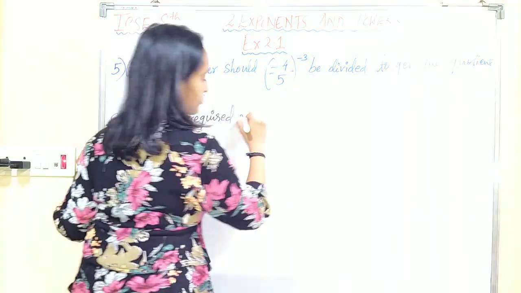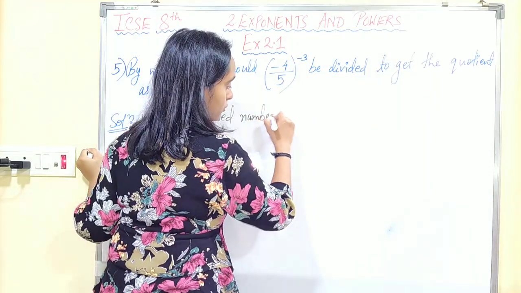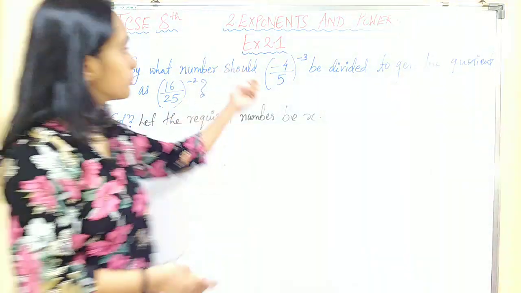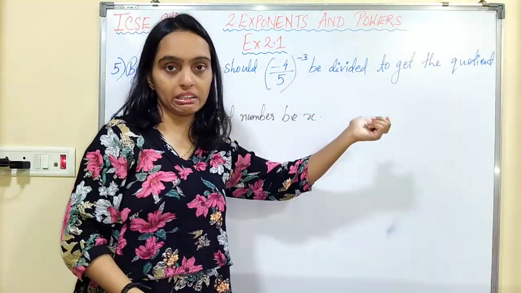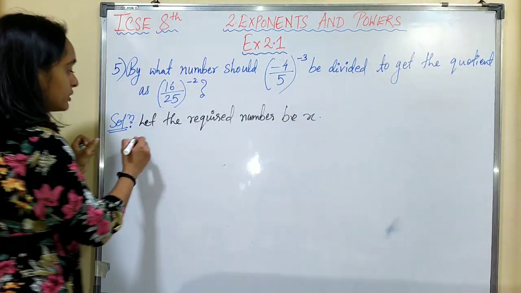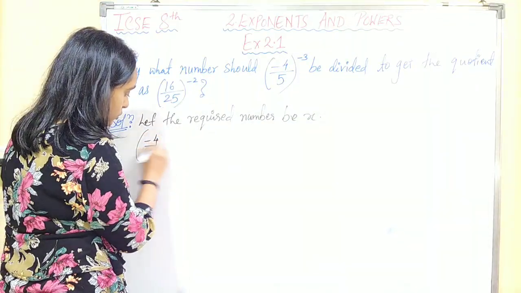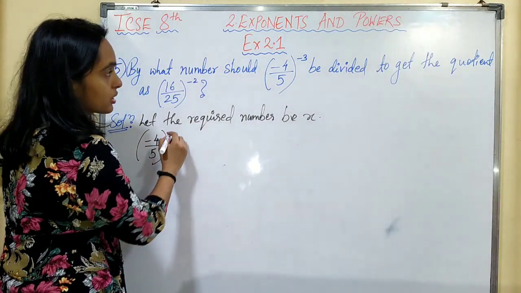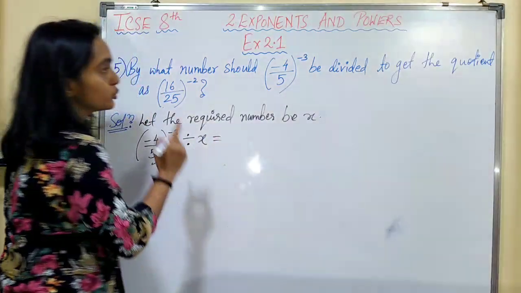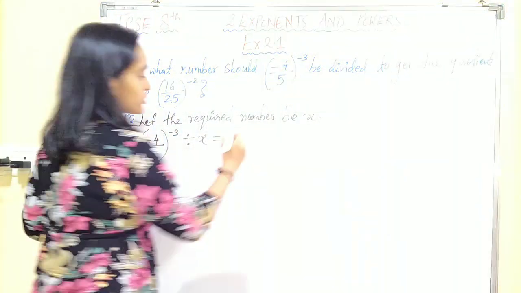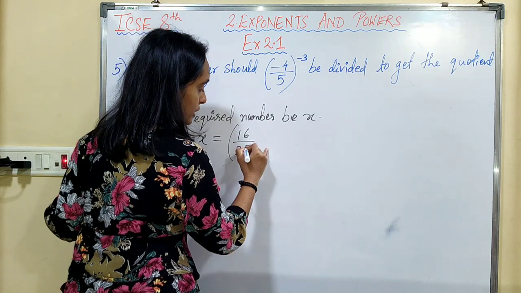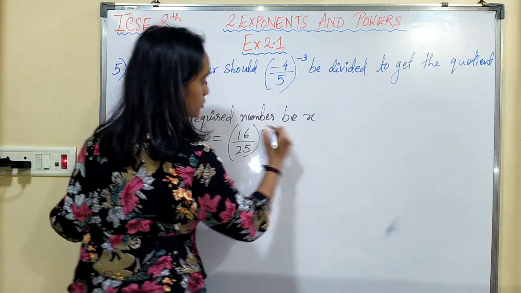So dividing this number by x, you will get minus 4 upon 5 raised to minus 3 divided by x gives you this, as the question says, minus 6, so 16 upon 25 raised to minus 2.